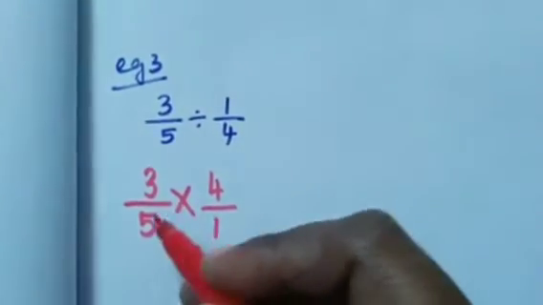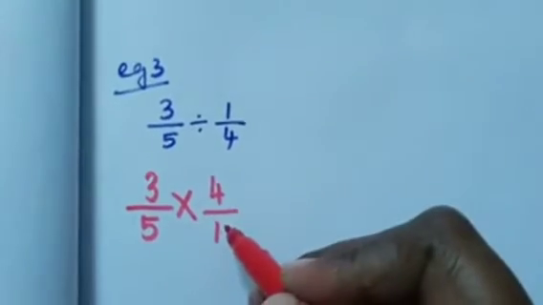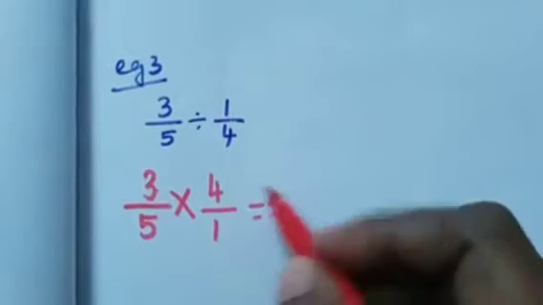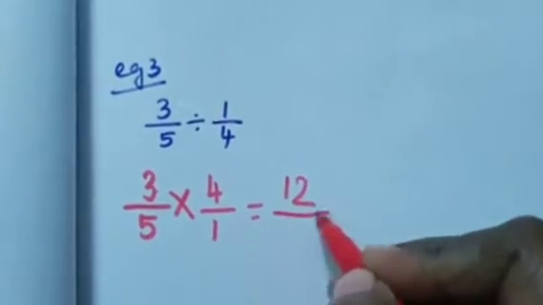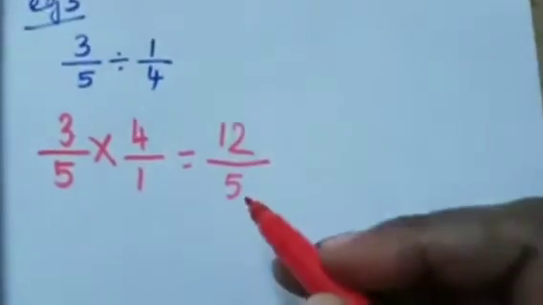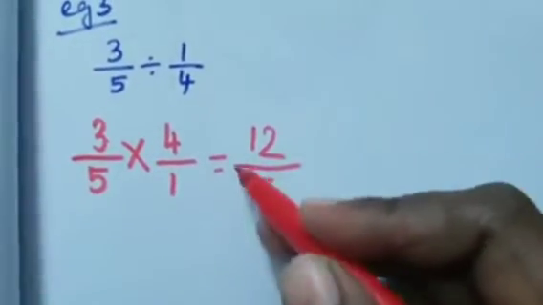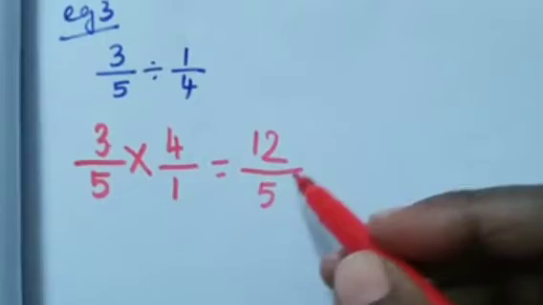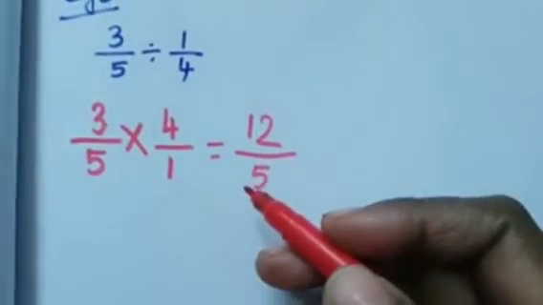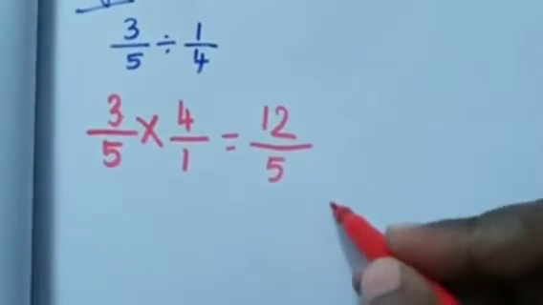Now check whether there are any common factors. No. So we multiply and write. 3 4s are 12 by 5 1s are 5. This number is an improper fraction, so you have to convert it into a mixed fraction.